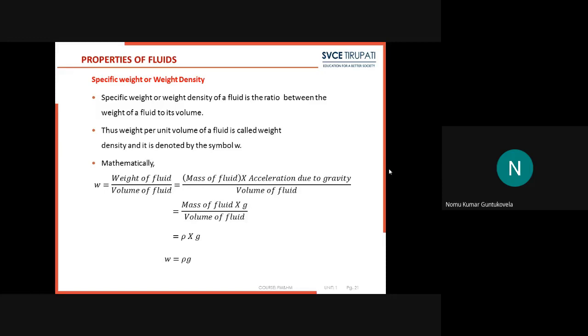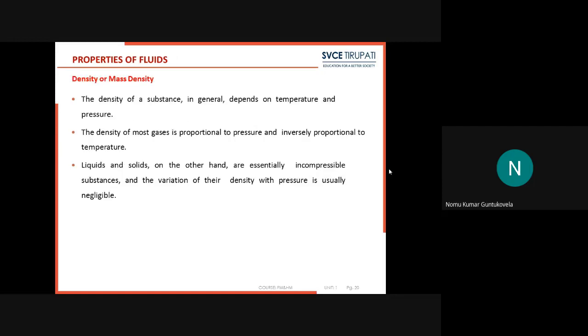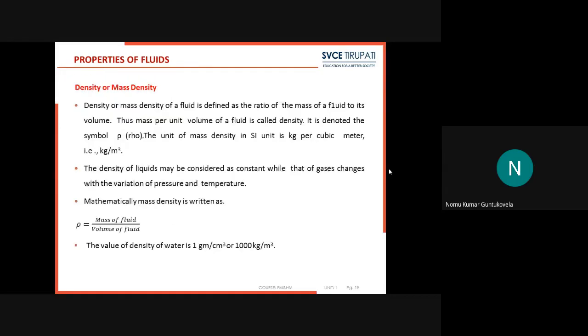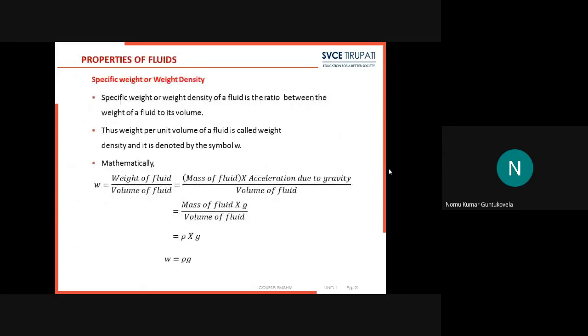Mass of the fluid is m, acceleration due to gravity is g, and volume of the fluid is v. Here m by v is nothing but rho. So mass by volume into g, where mass by volume equals rho.